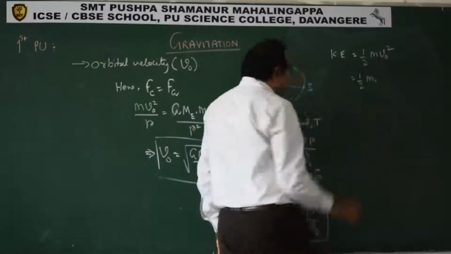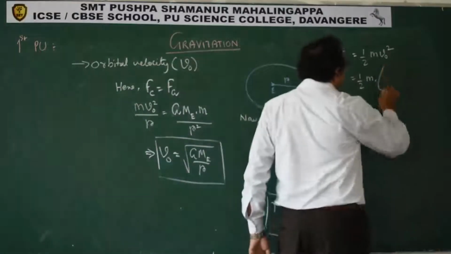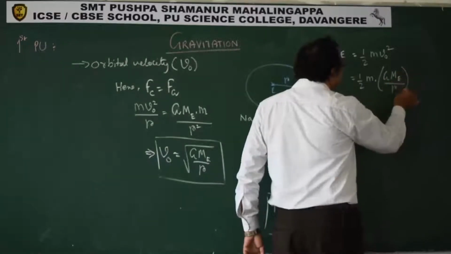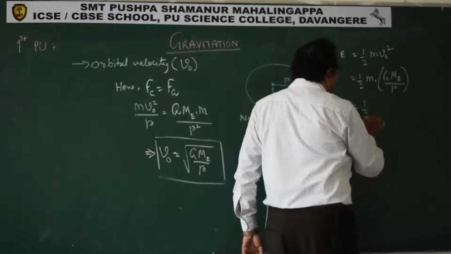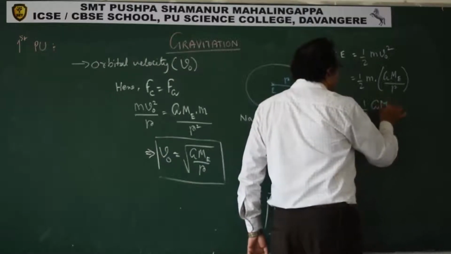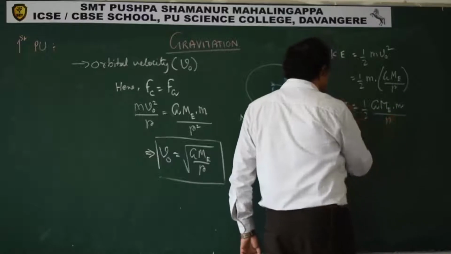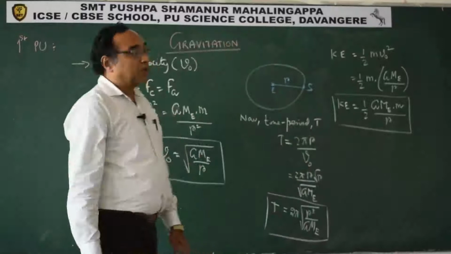Half m V naught square, with V naught square being GM_E by r. Therefore, kinetic energy is half of GMm by r. This is what we have.